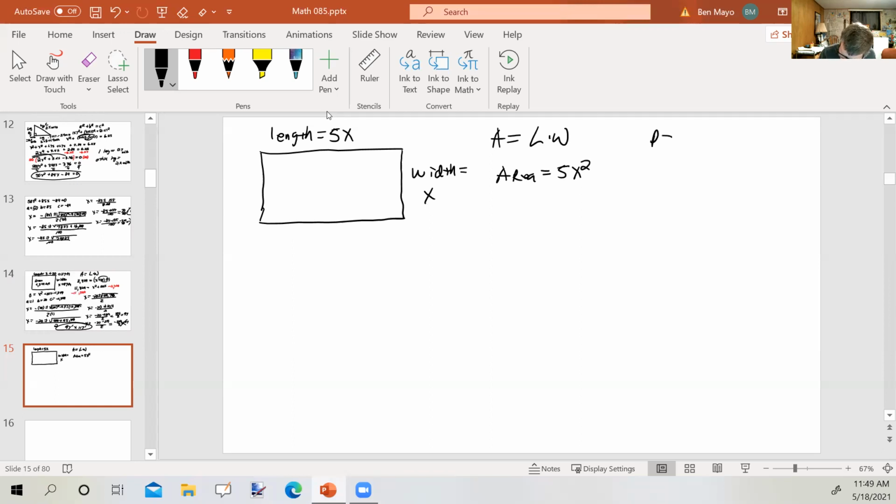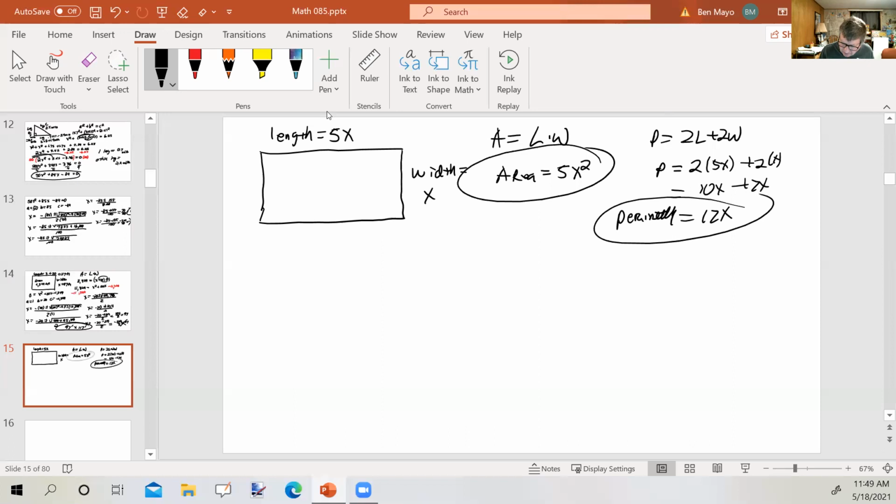The perimeter, which is 2L plus 2W, would be 2 times 5x plus 2 times x, which is 10x plus 2x, which is 12x. So the perimeter is 12x, the area is 5x squared.